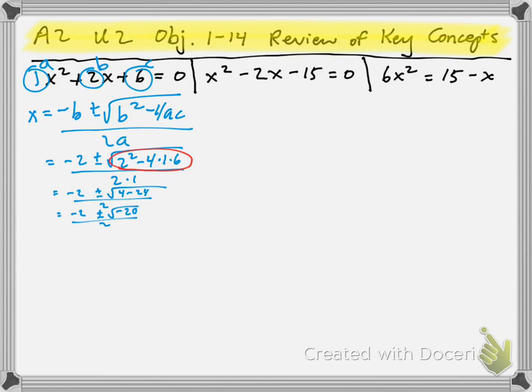Now, when we get the square root of negative 20, we should know that the square root of negative 20 is 2i radical 5. I want you to make sure you figure that out, and I'll give you a quick tutorial on that. The square root of negative 20 is the square root of, we always know we can pull an i out. A negative inside means an i outside.